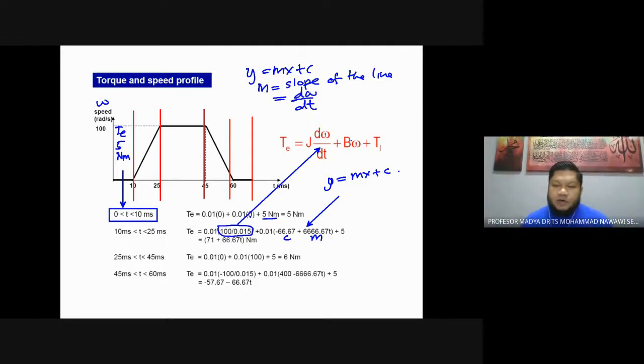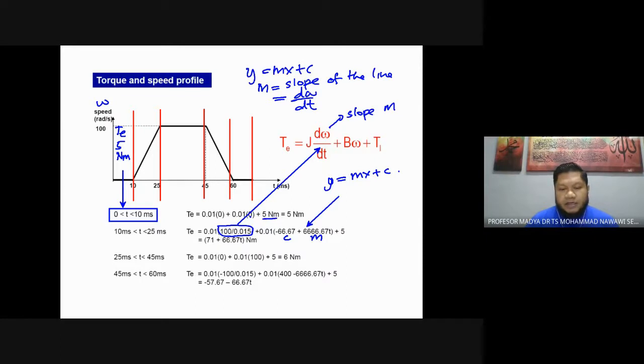So this is a slope. d omega over dt is actually the slope of this characteristic here. So you just simply look at the slope. This is the slope of the line.